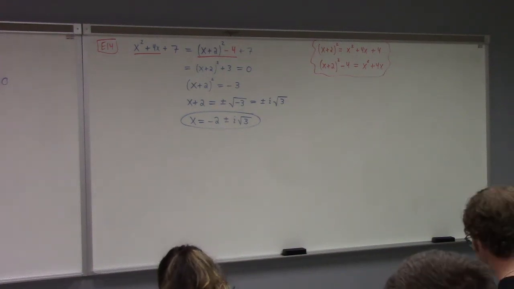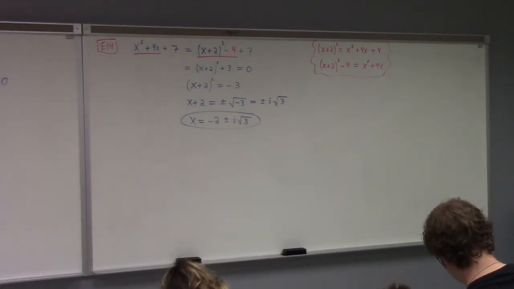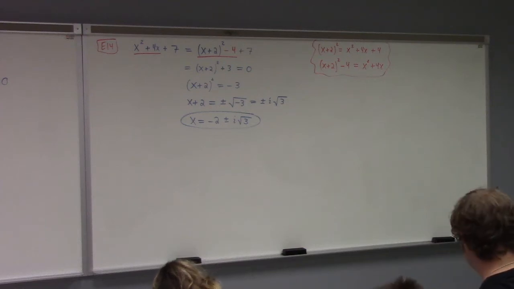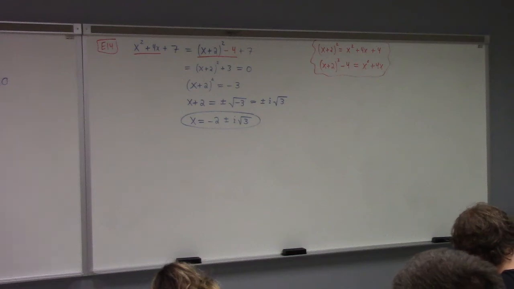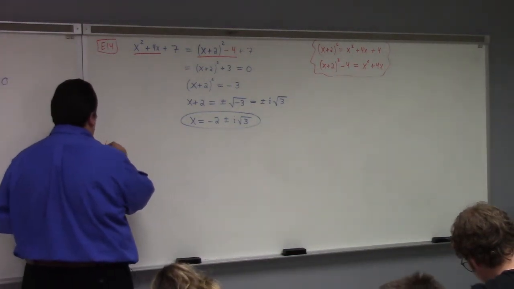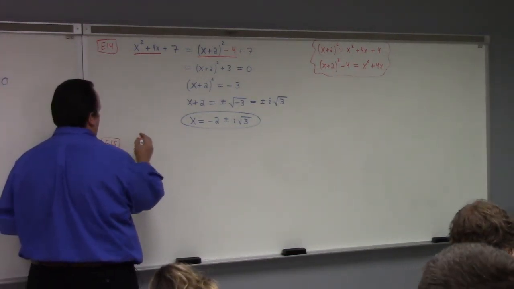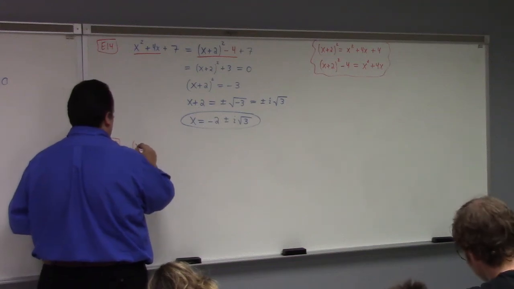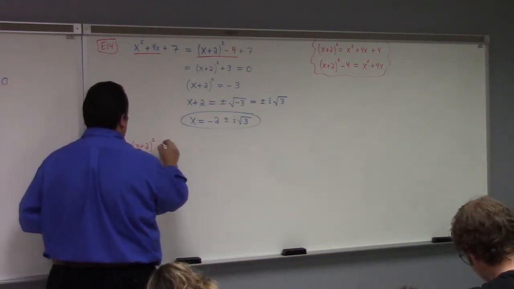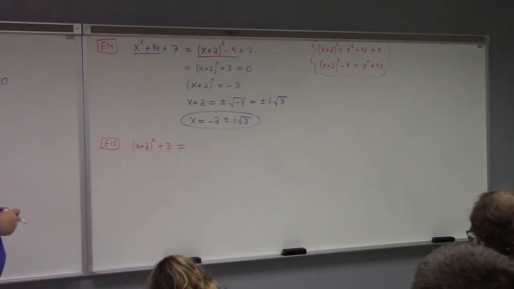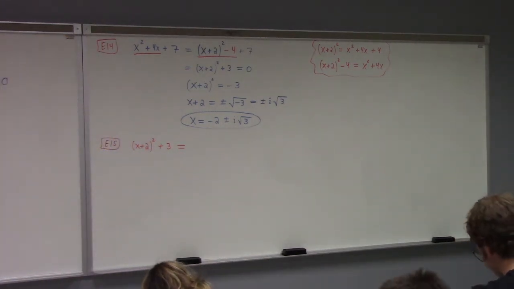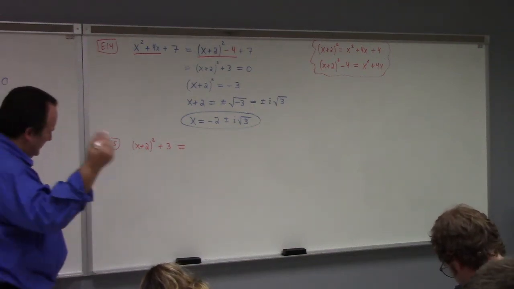Now, example 14 looks a little bit different. If we try the factoring route, it is a little bit challenging here, but I should show it to you. How would you have factored? Could you see it? How would we factor this? It's a tricky thing.